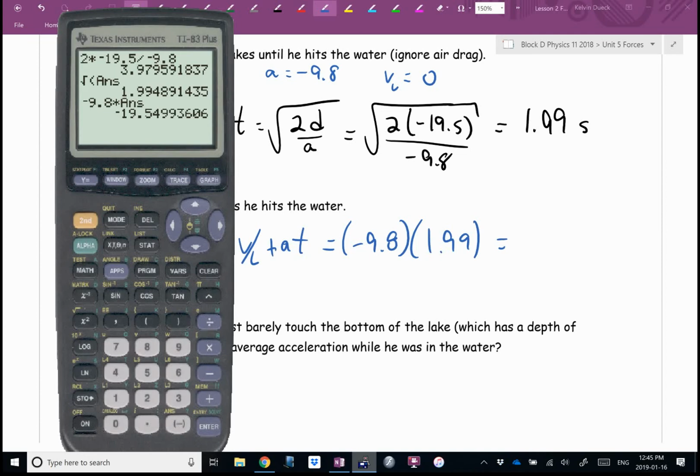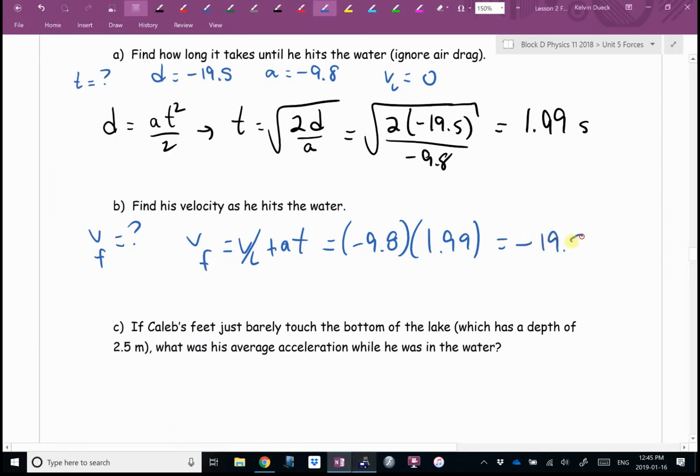The distance that you fall is negative 19.5, and the velocity that you hit is negative 19.5. Don't think that they're the same number, or don't think, oh, your final velocity will always be the same as your displacement. That's just a fluke with the numbers that I made up. Okay? Meters per second.